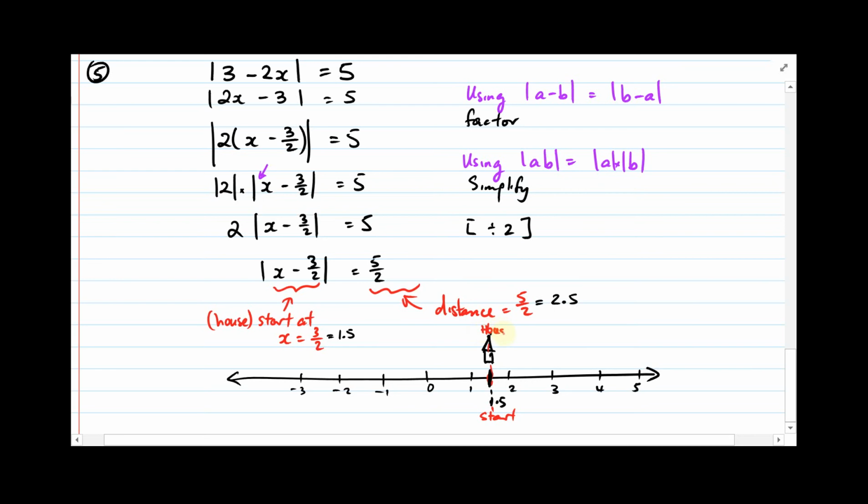And we are going to be moving 2.5 units to the right and to the left. So if I go 2.5 units, I end up at 4, right? 0.5 is here, and then 1, 2, so 2.5 units. And if I go 2.5 units to the left, I end up at negative 1.